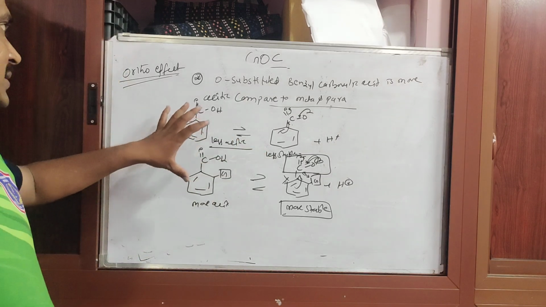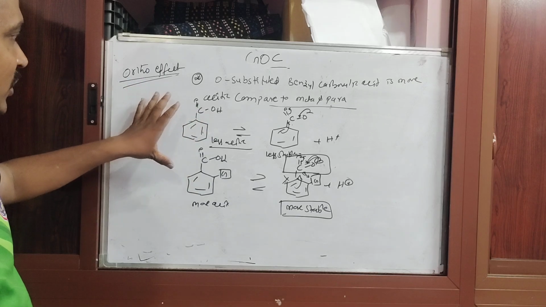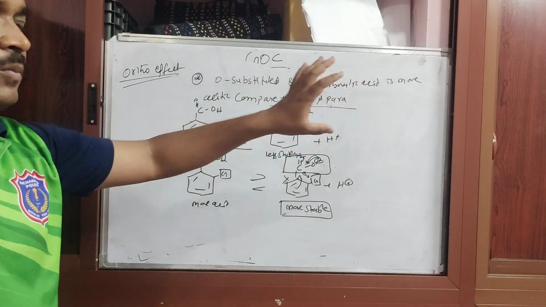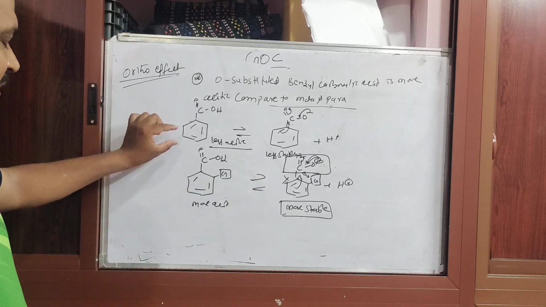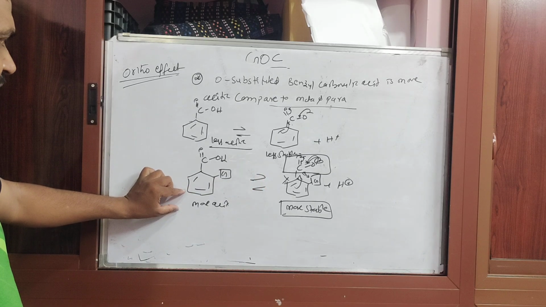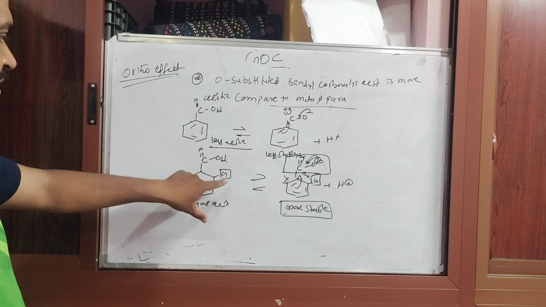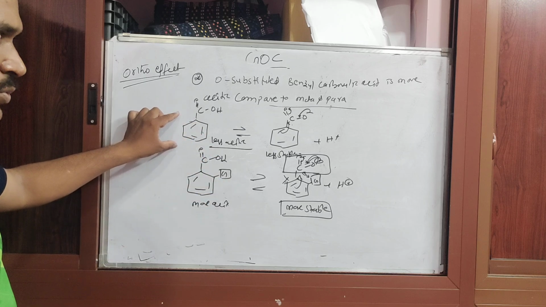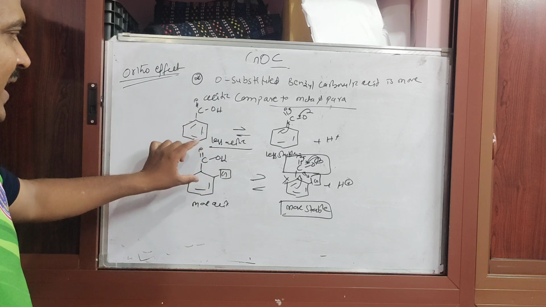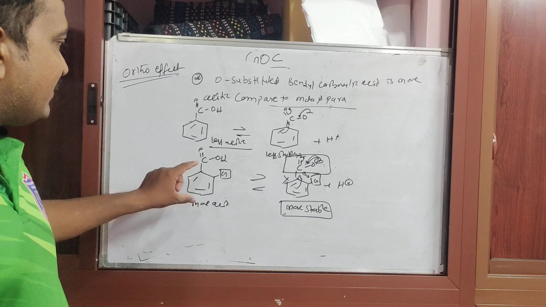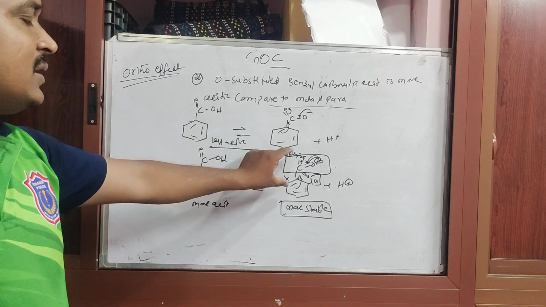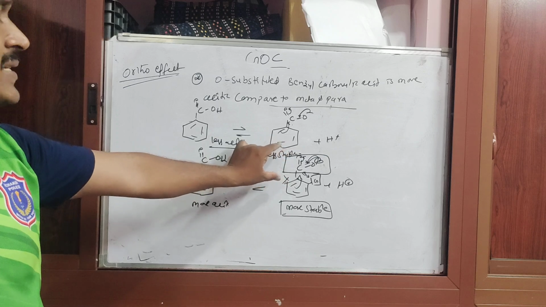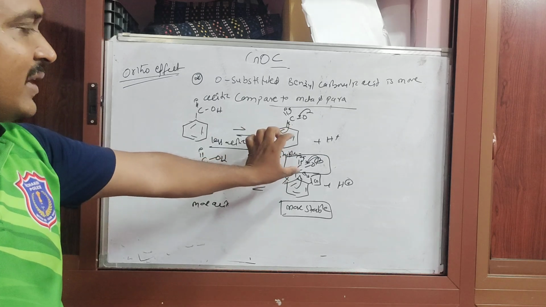First of all, we have to discuss what the ortho effect is. The ortho effect is that ortho substituted benzyl carboxylic acid is more acidic compared to meta and para positions. If you take two benzoic acids, one is ortho substituted, one is not. The acidity of these two acids depends upon the stability of their corresponding conjugate base, the carboxylate ion.